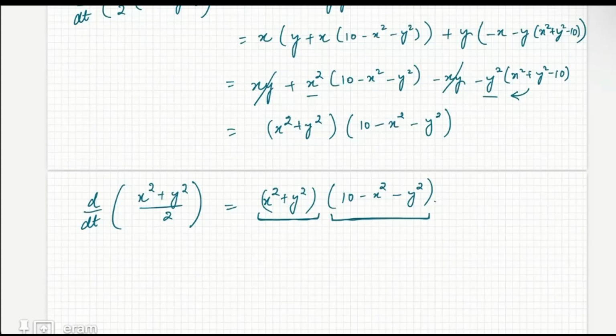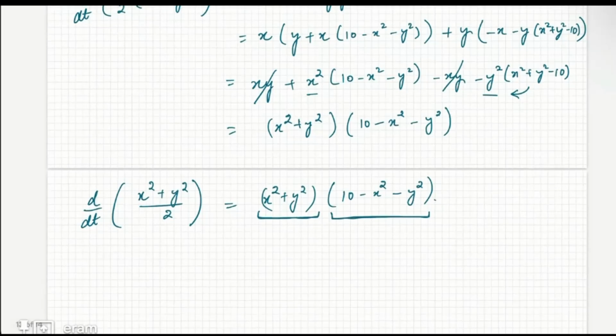This second term will be positive when we have x square plus y square less than 10.